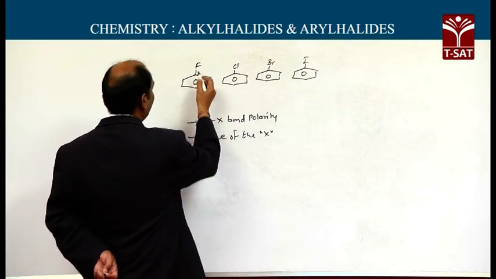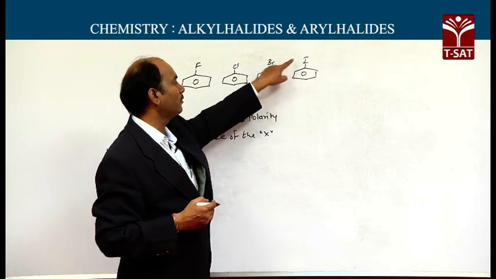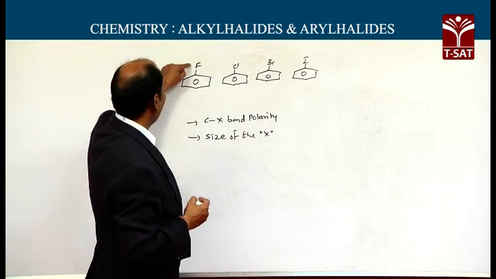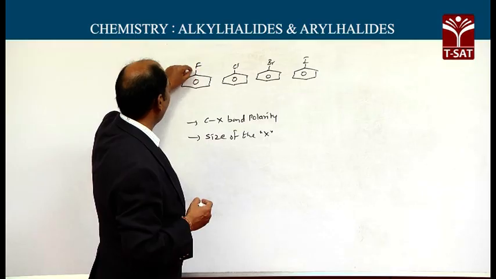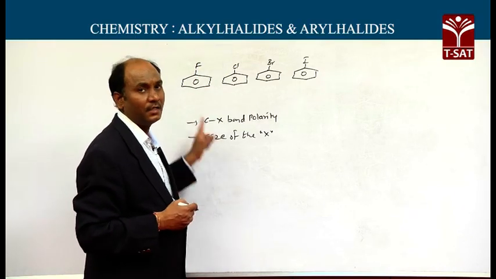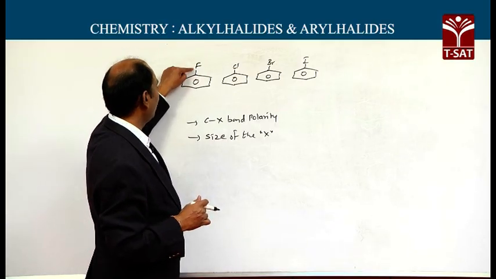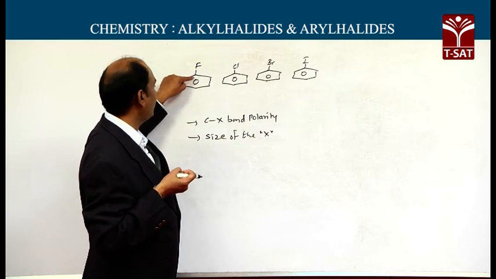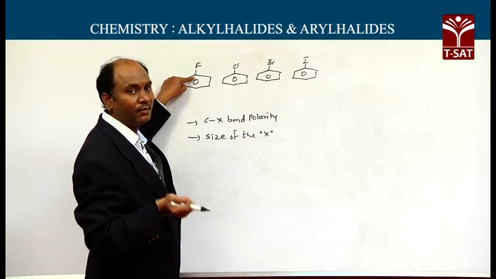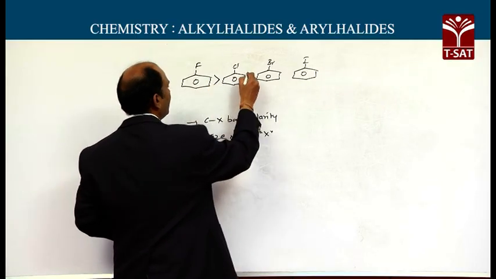Here, F electronegativity is more when compared to Cl, Cl is more than bromine, bromine is more than iodine. The electronegativity difference is more, so the polarity is more in C-F compared to C-Cl, C-Br, C-I. Here fluorine withdraws more electrons. What happens? Electron density decreases, therefore the nucleophile easily attacks.